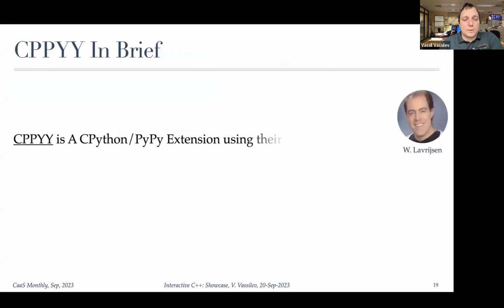So what is CPPYY in brief? CPPYY is, besides the naming, which is a little bit awkward, a CPython and PyPy extension. It is an extension written to use the C API of either CPython or PyPy, depending on which one you use. And nowadays, PyPy has been kind of lacking a lot of development, so most of the new things are coming first in CPython.